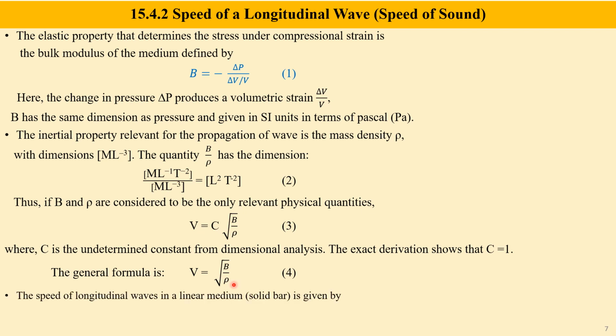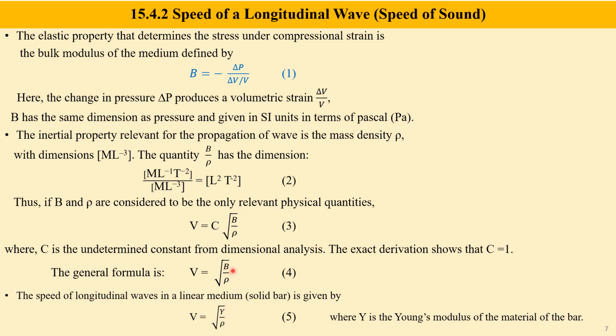The speed of longitudinal waves in a linear medium, that is in the case of a solid bar where the lateral expansion is negligible, and we can consider the bar to be only under longitudinal strain. Hence, the speed of the longitudinal wave in the linear medium is V is equal to square root of Y by rho.